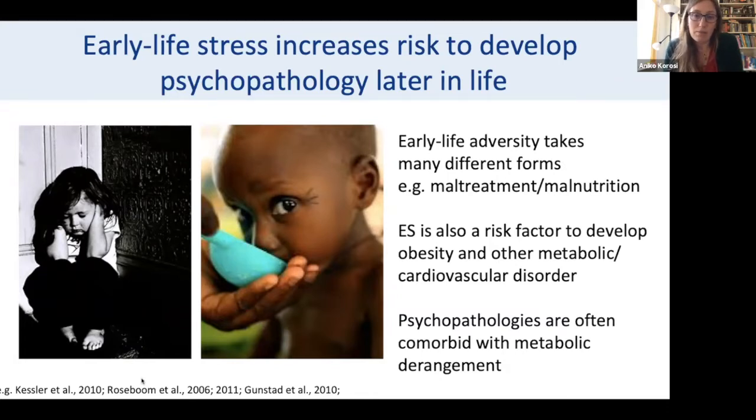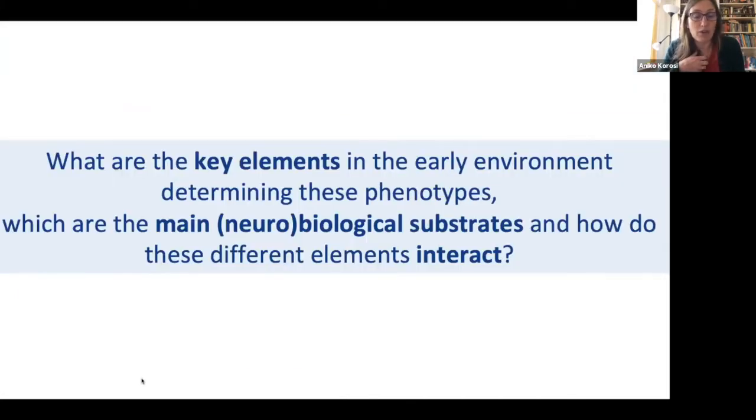The reason I'm mentioning all these different intersections is because we hope it will help us understand a little better the mechanisms underlying this long-term programming and how these early life stress-induced lasting effects take place. So in the lab, we try to understand what the key elements in the early life environment are that determine these long-lasting phenotypes, while these key elements can be very different, while the phenotypes are remarkably similar. And what are the main neurobiological substrates, and how do these different elements interact with one another?